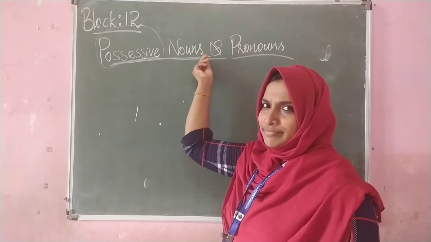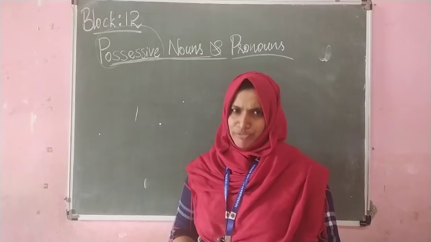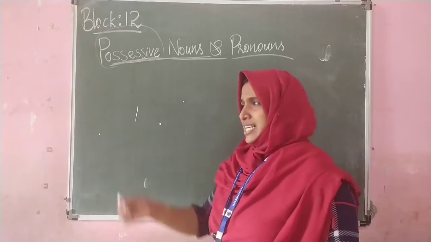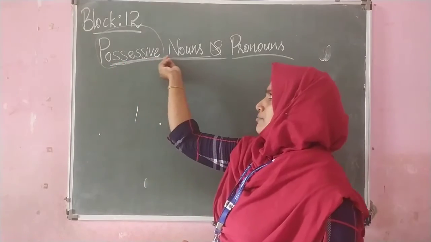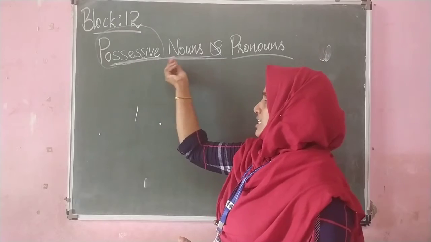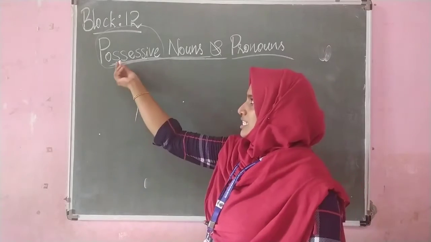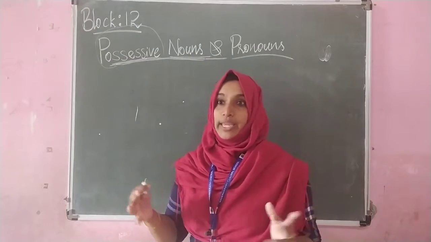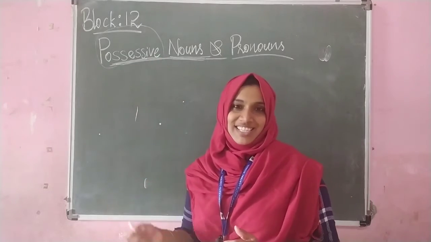Then nouns. Yes, nouns are names of a person, place, thing, animal. That we know clearly. Then let's come to the name together: possessive nouns. A possessive noun is a noun that shows this possessiveness.